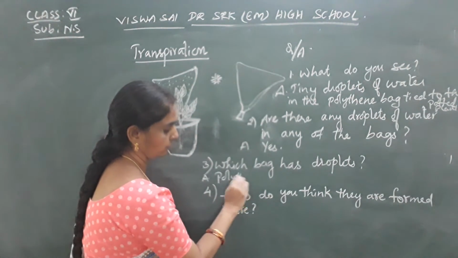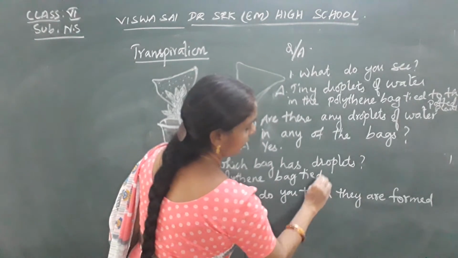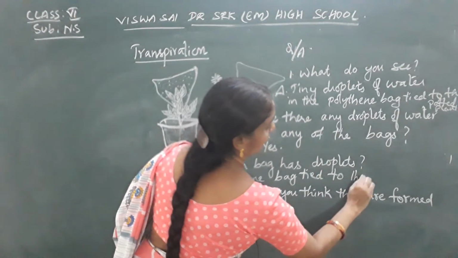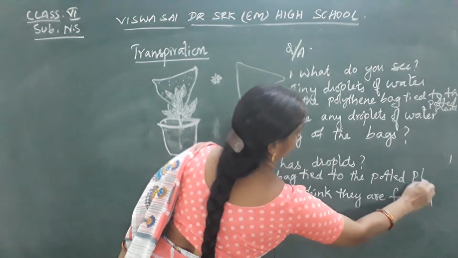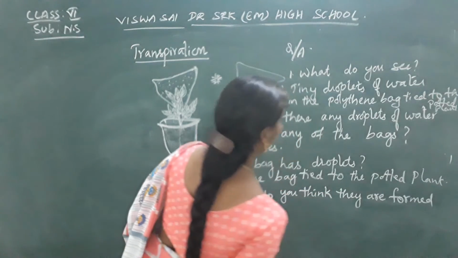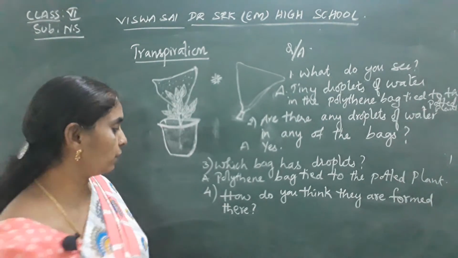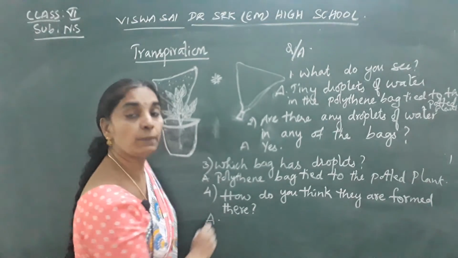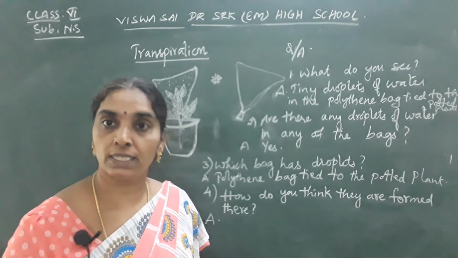The polythene bag tied to the branch of the potted plant, where you can see the tiny droplets of water. How do you think they are formed over there? By the process of transpiration, because of the stomata present on the leaves.